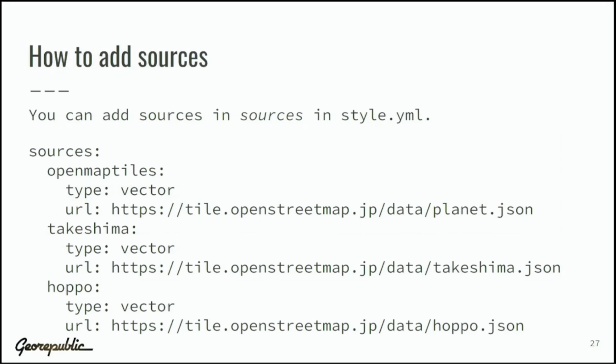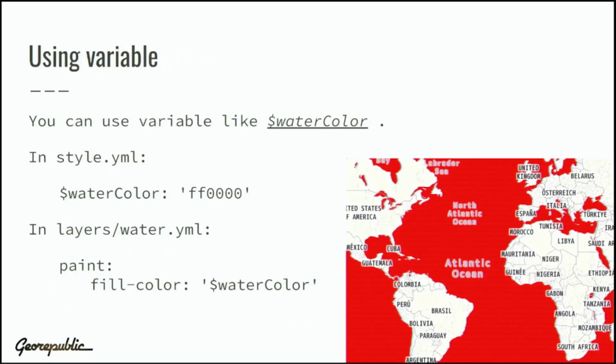And you can add sources in your styles. This is an example of updated OpenMapTiles and Takeshima, in the Hokkaido region. It's Japanese regional layers.